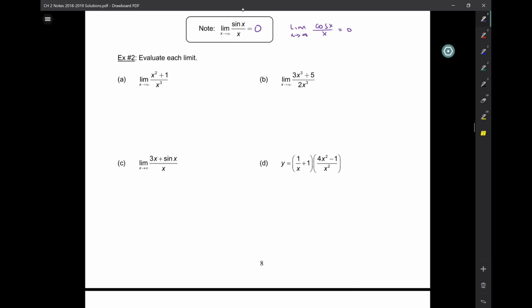So now, take a look at this one. Evaluate each limit. And here it says the limit as x approaches infinity. So when x is infinity, look at the numerator there. I have x squared plus 1. So suppose x is like 1,000,000. Then I've got 1,000,000 squared. Think about how many zeros that is.